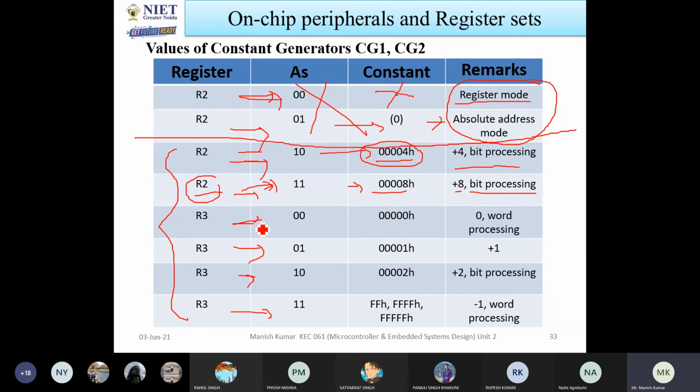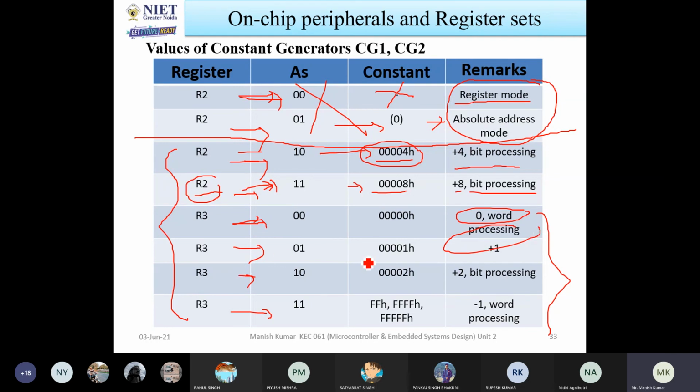Now what will happen in case of R3 equal to 0? This is used for the word processing. Word means 16-bit. So when R3 equal to 0, it means that it is 0 word processing. There is no jump at all.